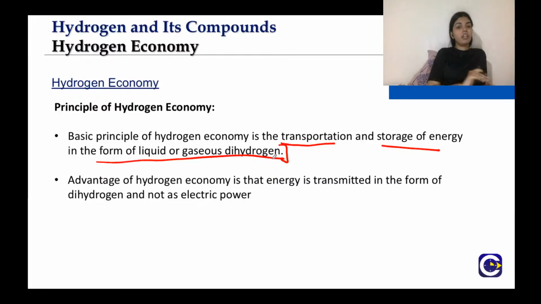So overall in this topic you need to learn the advantages of using hydrogen as a fuel, the disadvantages of using hydrogen as a fuel, and what you mean by hydrogen economy. The hydrogen economy is how we transport or store energy in the form of liquid or gaseous dihydrogen.